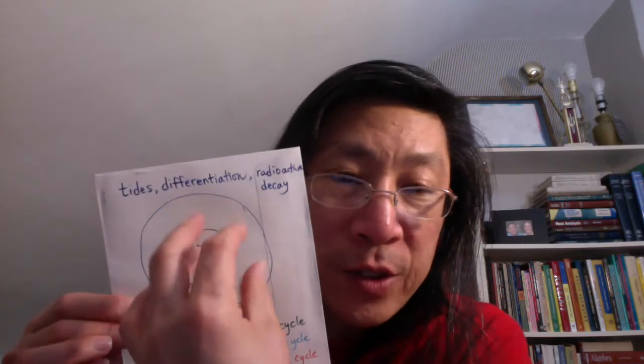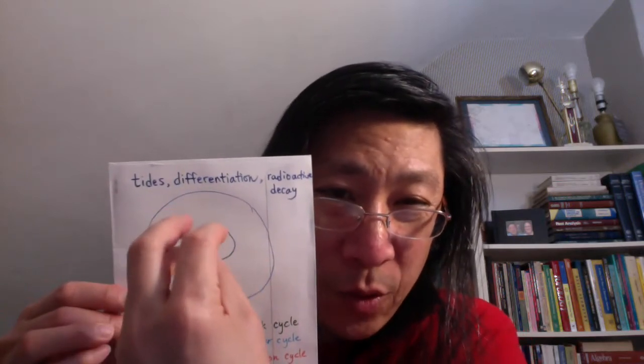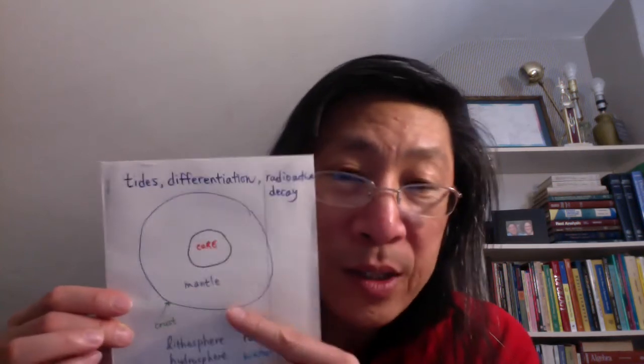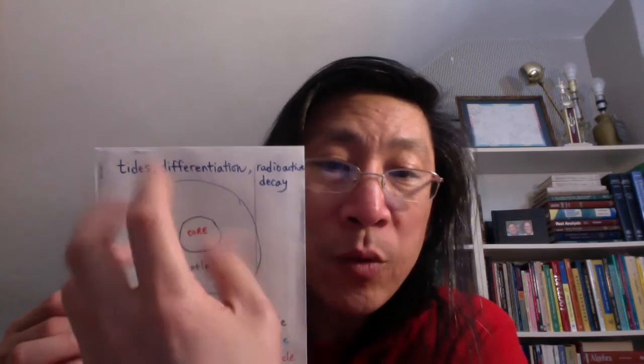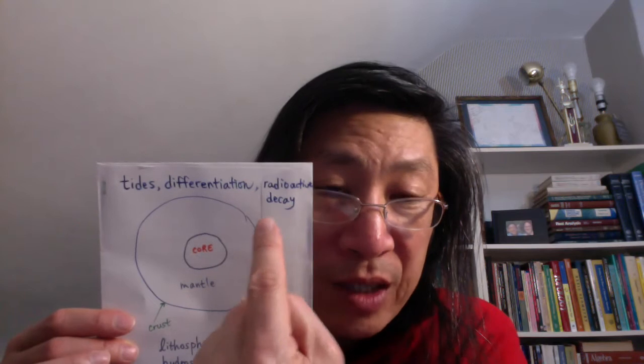All of that differentiation we were talking about in the last lecture that caused Earth to have this metal core and this rocky metally mantle and this rocky crust on the outside, it's still releasing heat outward gently and slowly through this differentiation, through radioactive decay, and through tides. And so there's always a gentle source of heat coming out from inside the Earth.